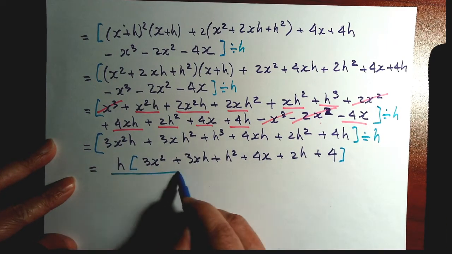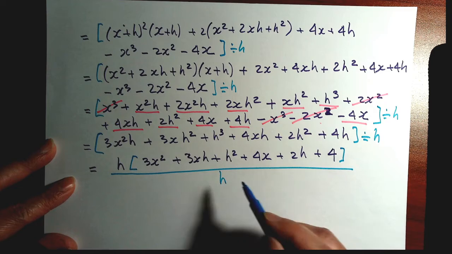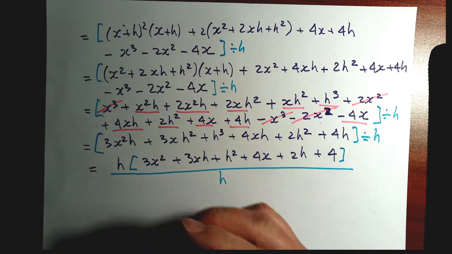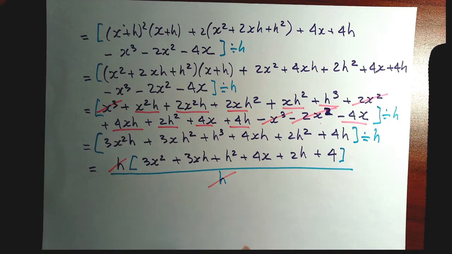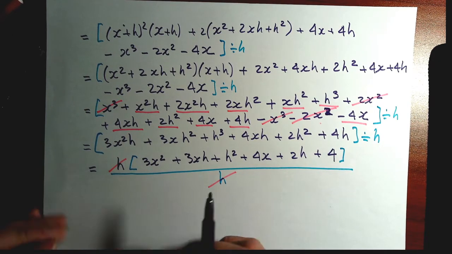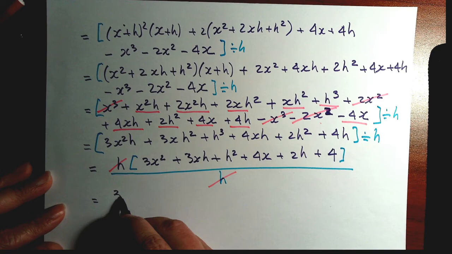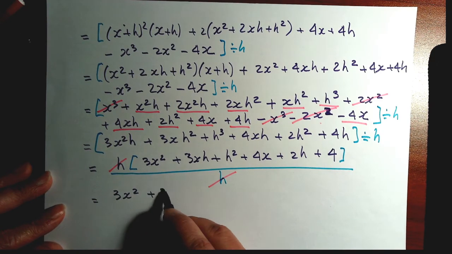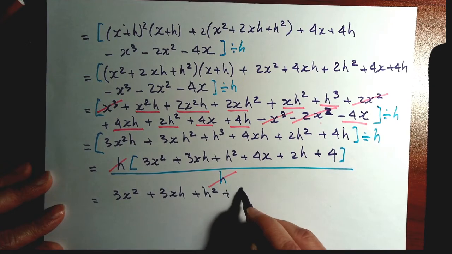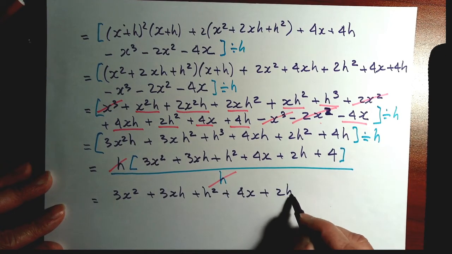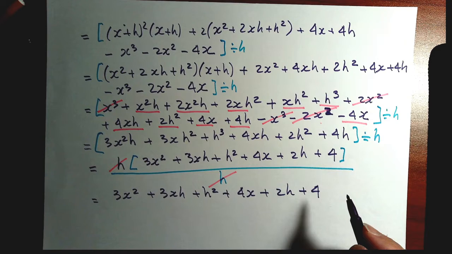So this whole thing divided by h. So we can see here that h also cancels out. What am I left with? I'm left with this equation, 3x squared plus 3xh plus h squared plus 4x plus 2h plus 4.